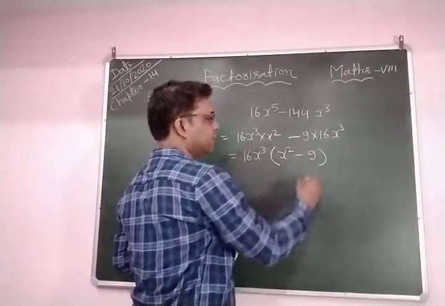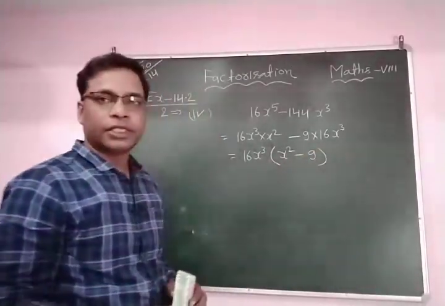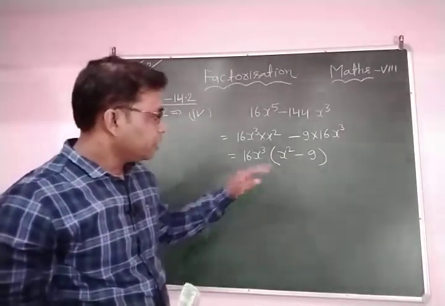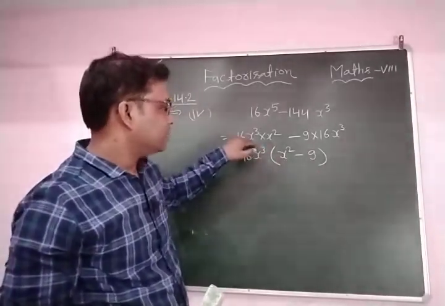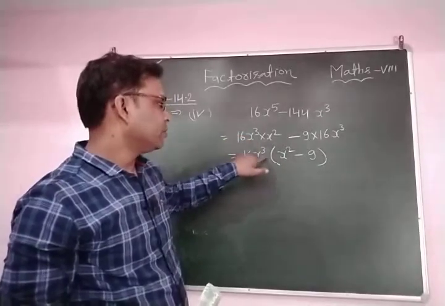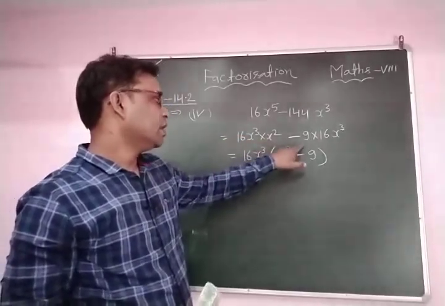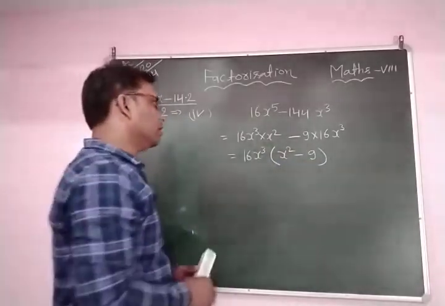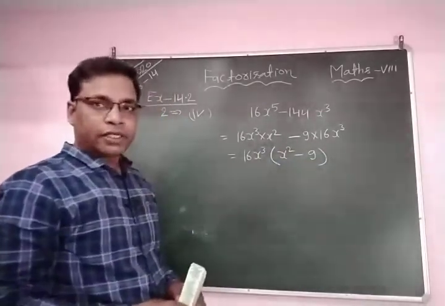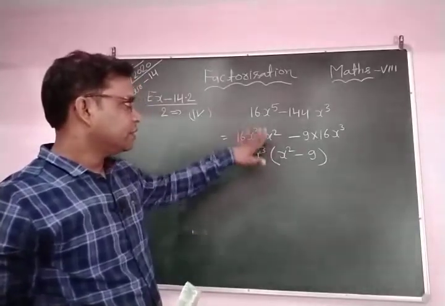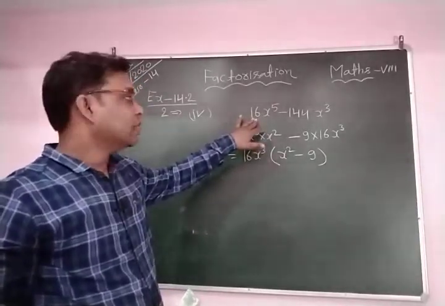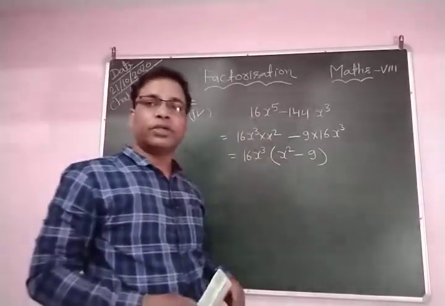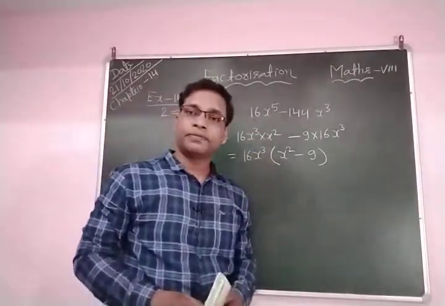When we open this bracket, we obtain 16x³ into x² minus 9 into 16x³. Clear? So here we need to find the factors of the given algebraic expression, 16x⁵ − 144x³.